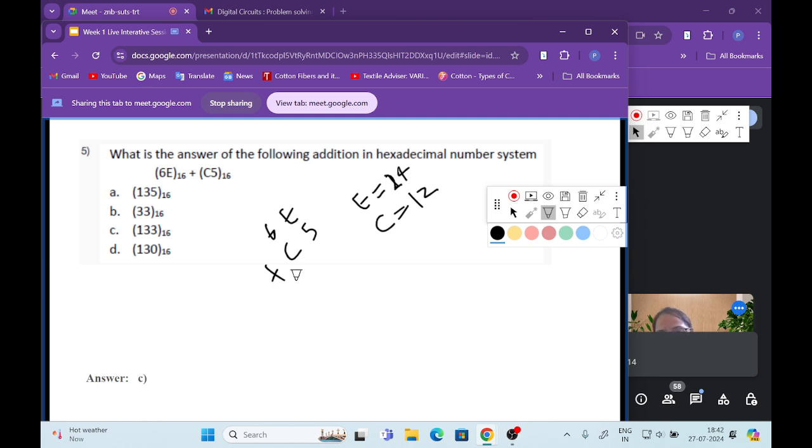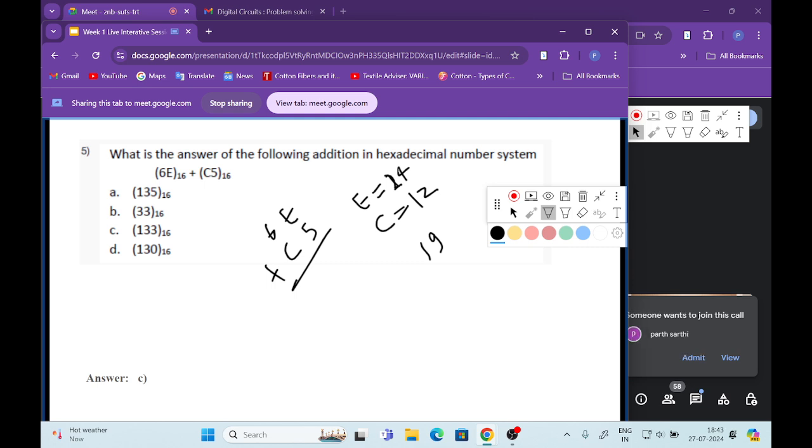so now add this. E is 14, 14 plus 5 is 19, right? But till 15 we have hexadecimal digits, and after 15 we have to start again.